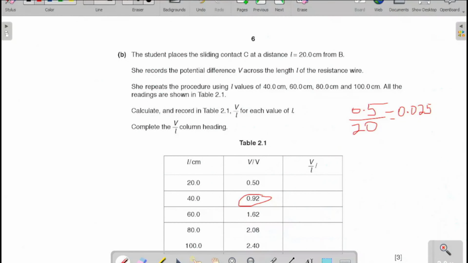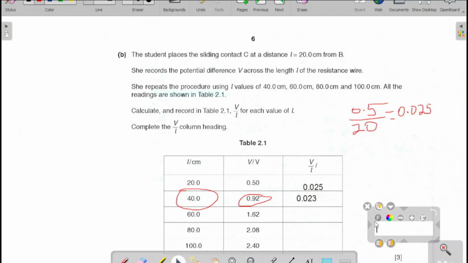This one is 0.92 divided by 40.0. So I'm just going to write the answers. 0.025 for this one. The next one is 0.023. The next one is 0.027, 0.027.